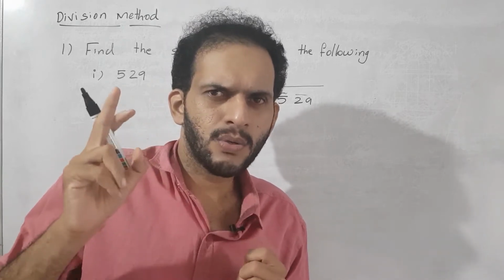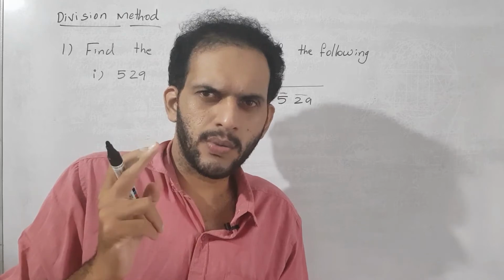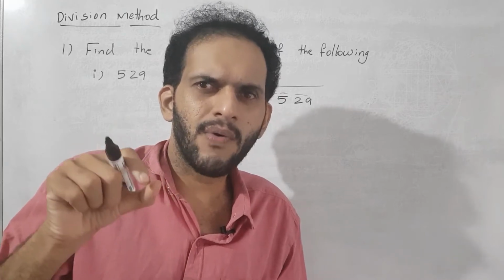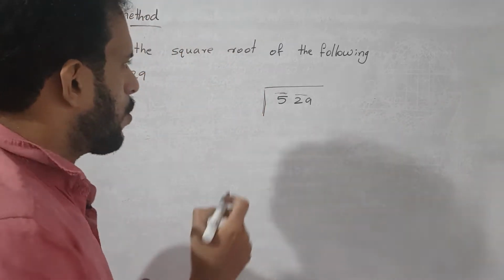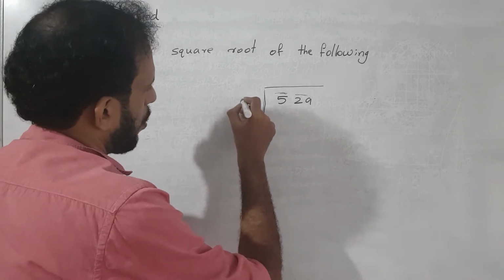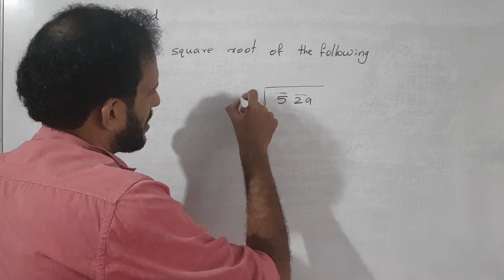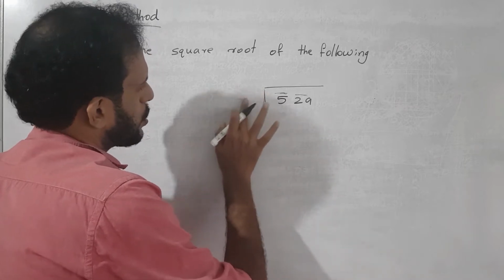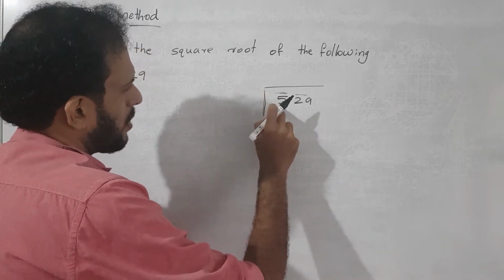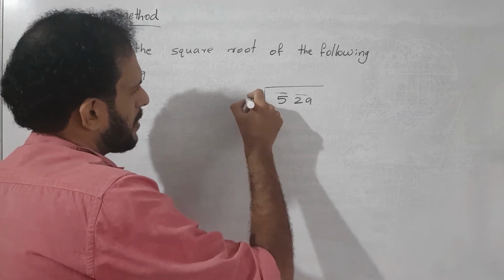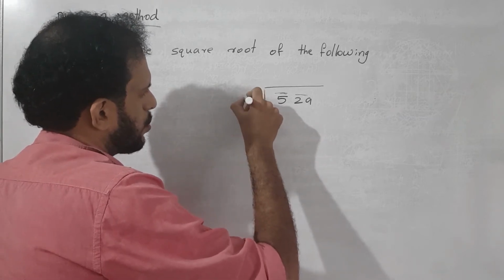That number is 2. 2 squared is 4, which is less than 5 and nearest to 5, correct. So we choose that number, not the square number, whose square is less than or equal to, and nearest to, 5. That one is 2.